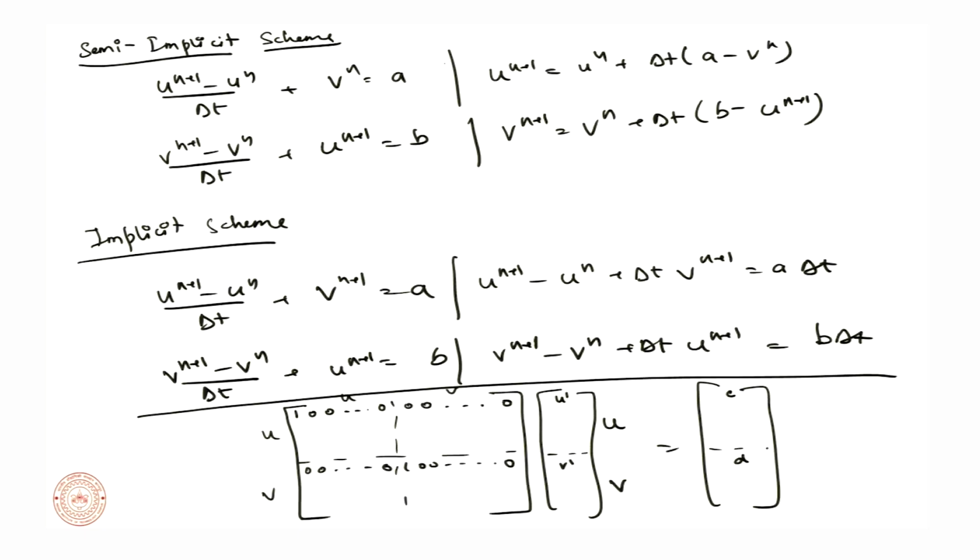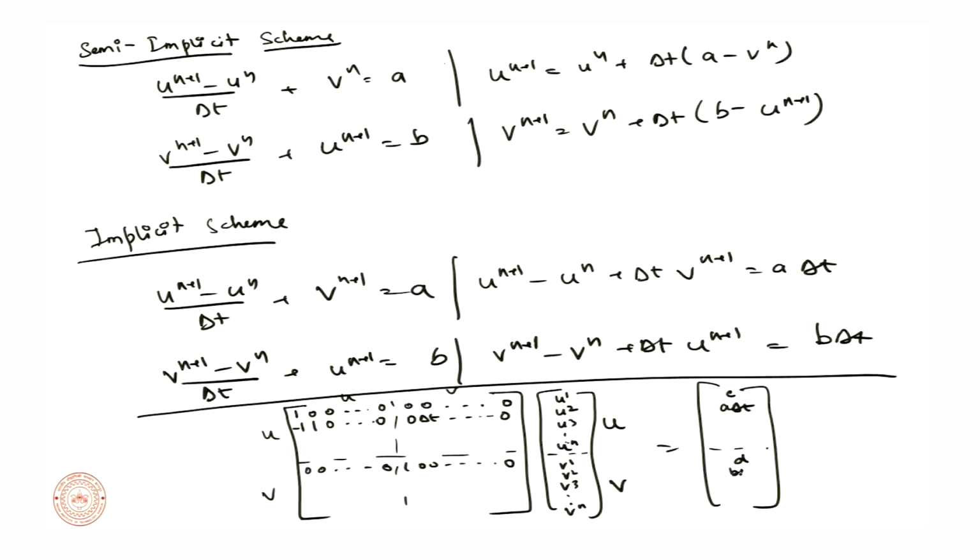And the second one what we have is u^(n+1), that is our term of interest, is 1, u^n, that is our previous term, is minus 1, 0, all zeros, and v^(n+1) is equal to delta t, and this is 0. So, this is our u2, u3 all the way up to un, v2, v3 all the way up to vn, and this part equals a delta t.